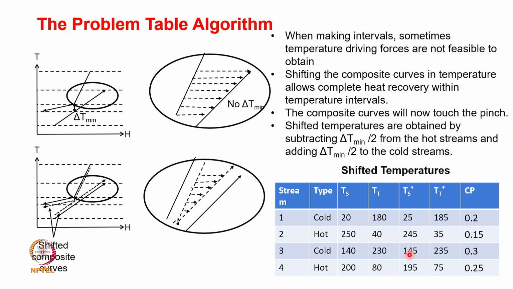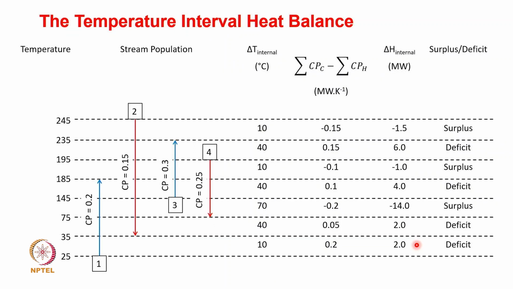Another cold stream enters at 145 and exits at 235, and the last hot stream enters at 195 and exits at 75. So we are just marking it. The cold streams are drawn by blue lines and hot streams by red lines, and whatever we have drawn has been captured by means of the sequences.